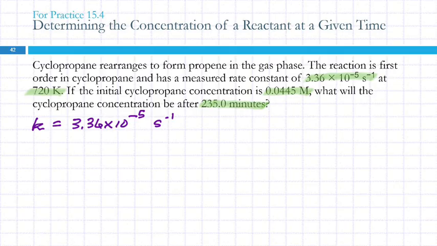And so it says initial cyclopropane concentration. So I like to just use A. So that would be A0, where A is representing cyclopropane. And so that's the initial concentration.